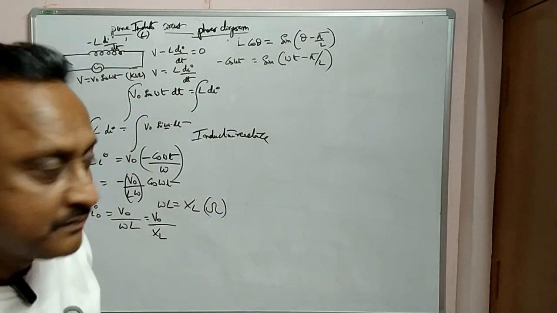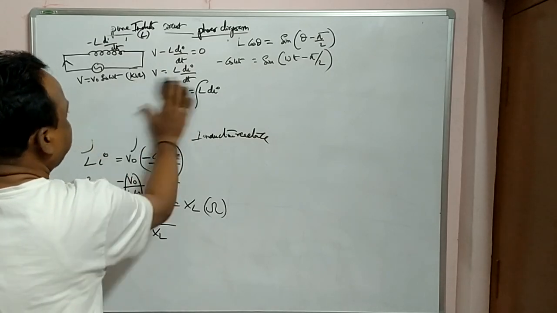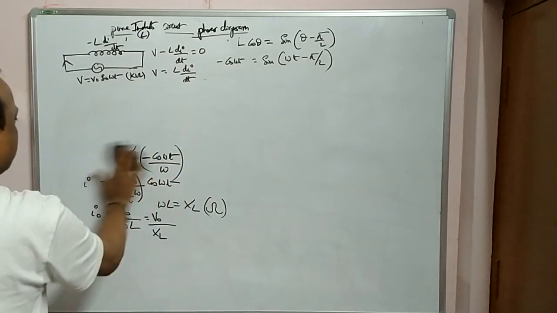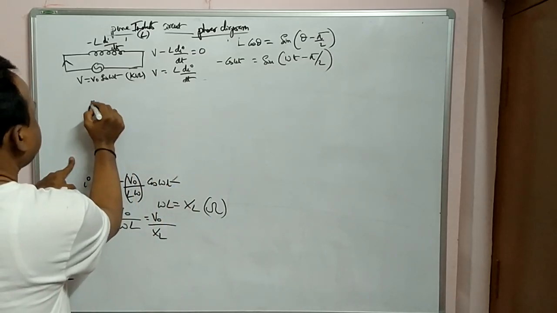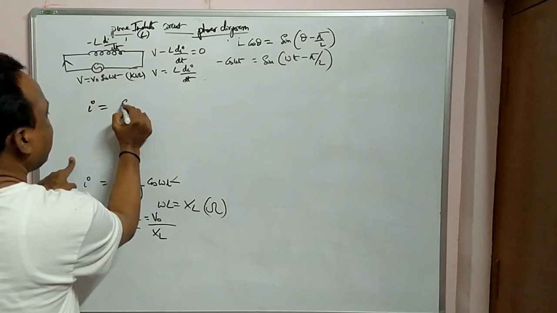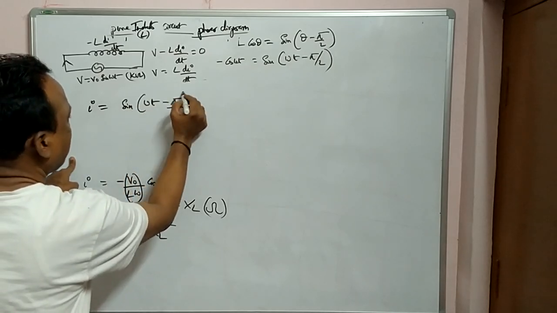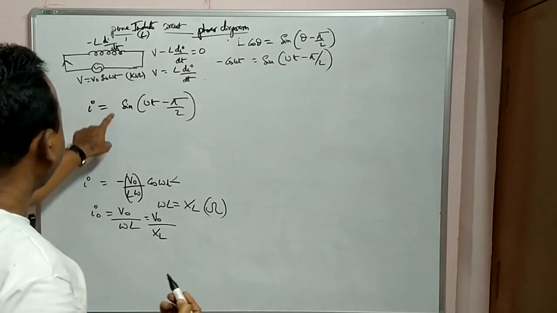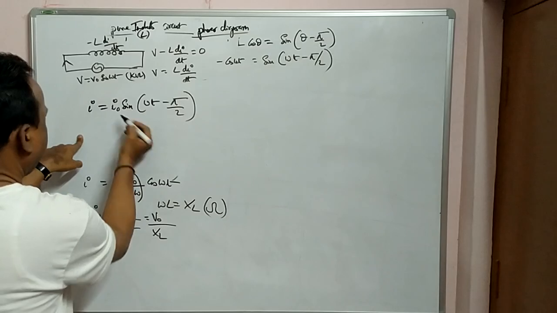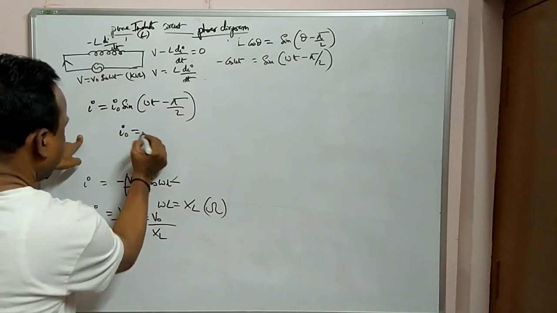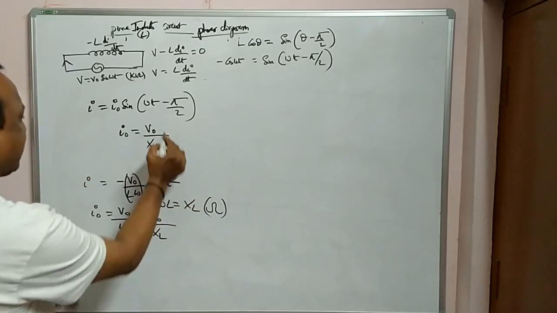Please copy the equation. So I am writing the final equation now. The current is I equal to I naught sin of omega t minus pi by 2, and I naught, the peak value, is V0 by XL, the inductive reactance.